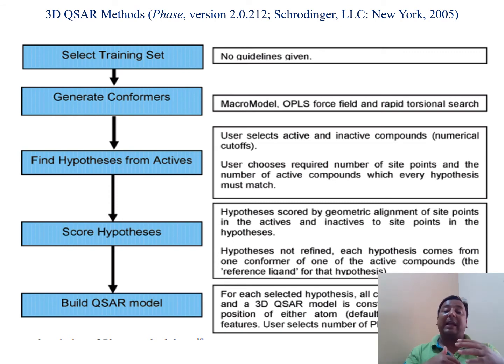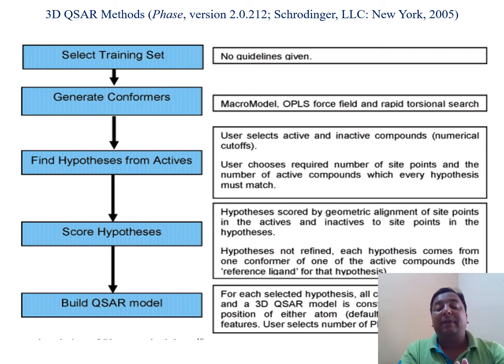So how do we divide the actives and inactives? There is a little logic here. We first have to see the experimentally observed biological activities, and their ranges, their mean and standard deviation values, and the minimum and maximum values in the data set. Once we find the minimum and maximum values, the mean value and the standard deviation, and how the variations are from the mean, we can easily divide into training set and test set.